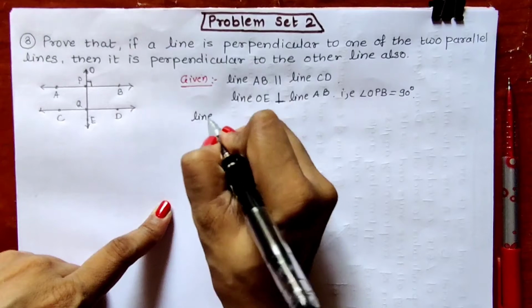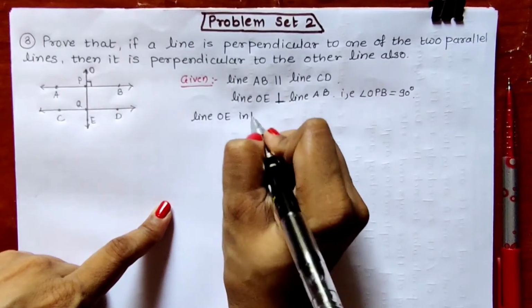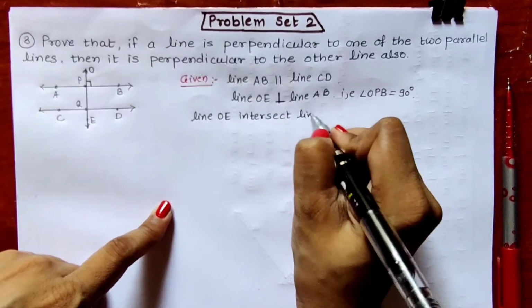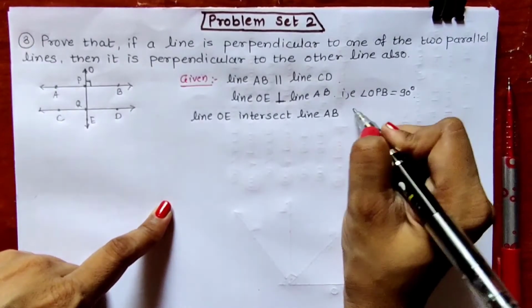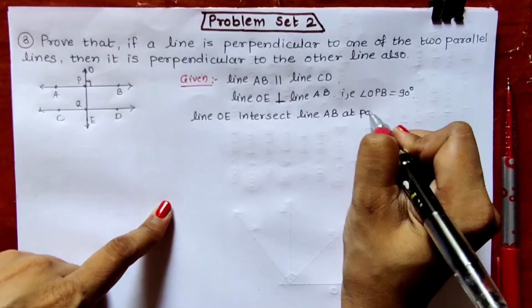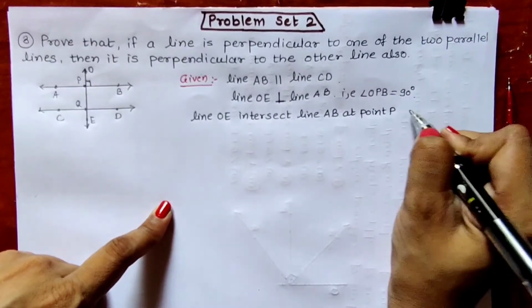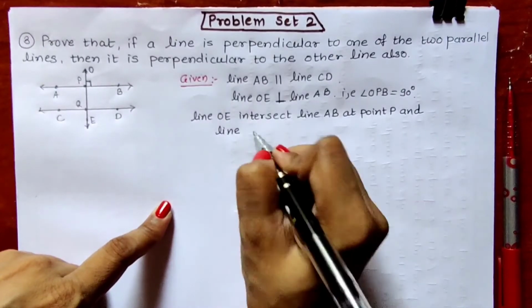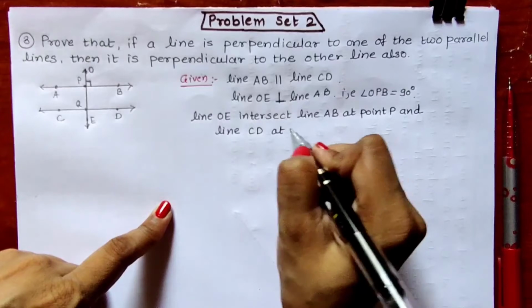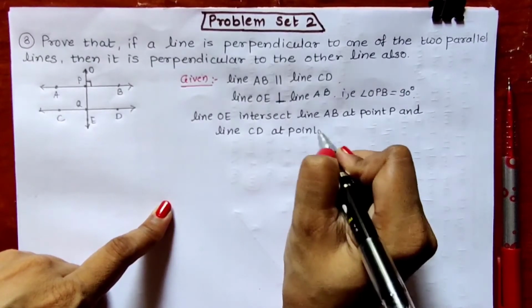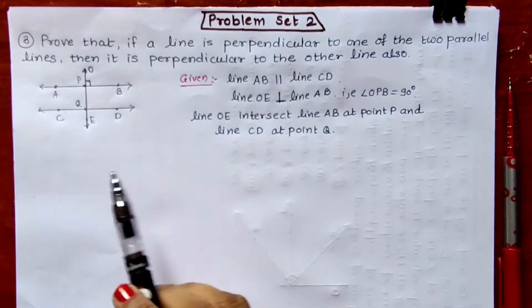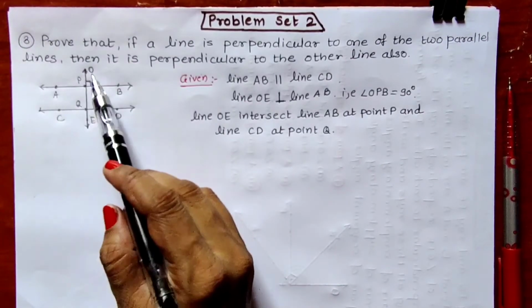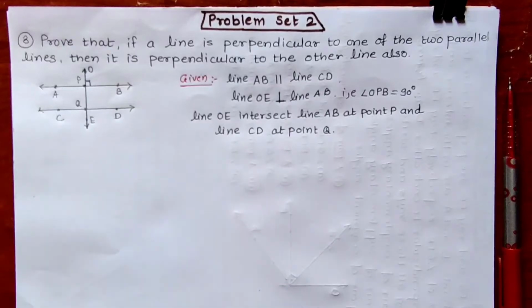Line OE intersects line AB at point P and line CD at point Q. Okay, so this is given to us.